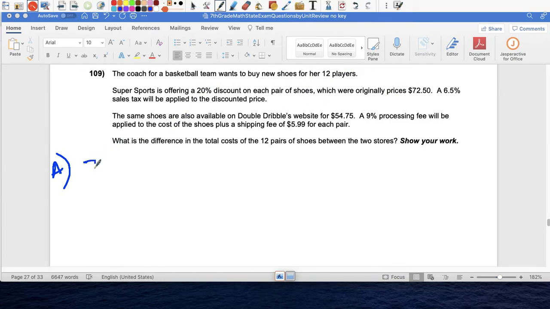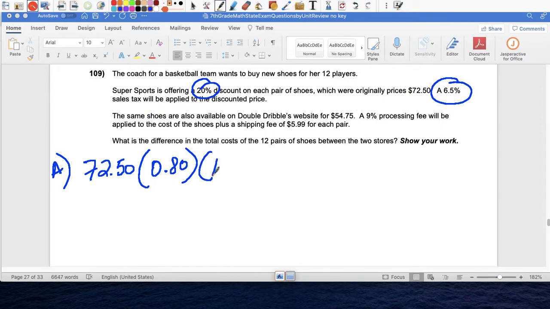So store A, $72.50. You get a 20% discount, so that means we're going to pay for 80% of the shoes. And there's a sales tax of 6.5%, so that's going to take it to 1.065. So that's for one shoe, right?